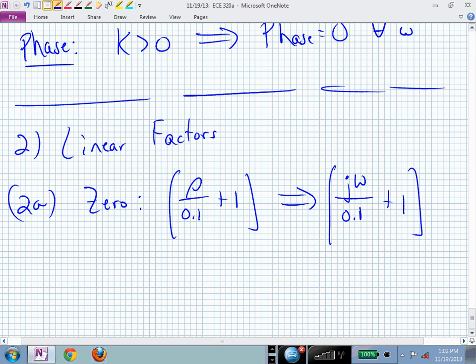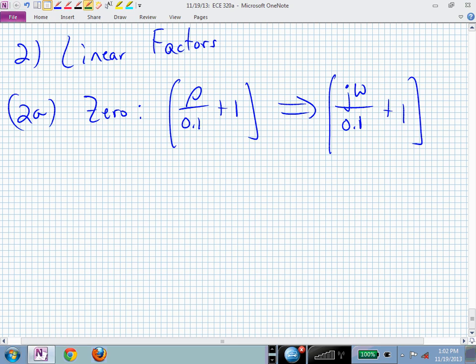So now let's look at the magnitude of this particular factor. And again, if you forget, just open up your fairy tale book and think Goldilocks, right? That's what we're doing. We're looking at small frequencies, large frequencies, and that sweet spot.